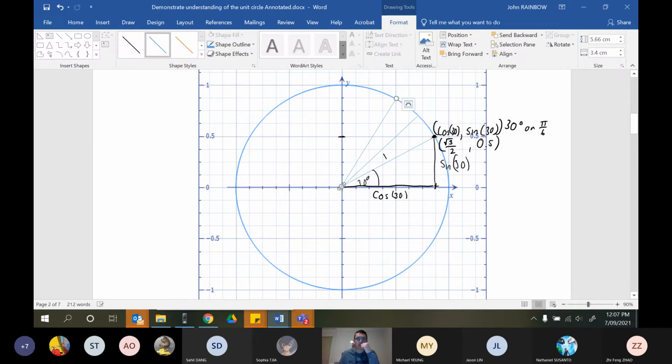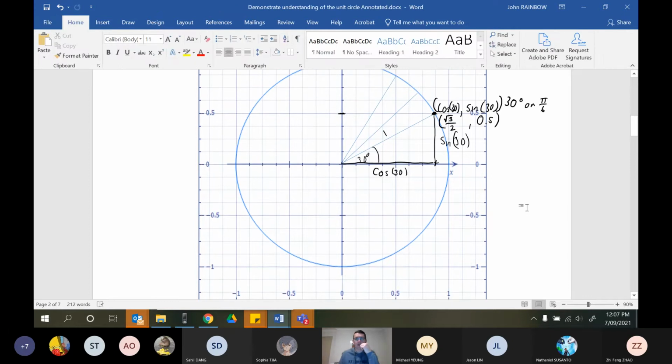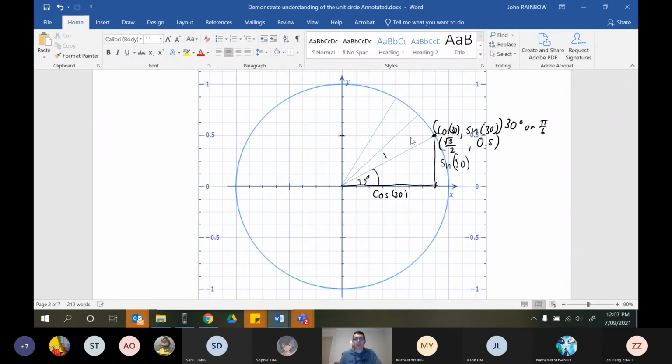If I put in 60 degrees there, so that angle now is 60 degrees. If you think about that, that's going to have a triangle. I'm just going to put in 45 here. So we're going to come back to that.